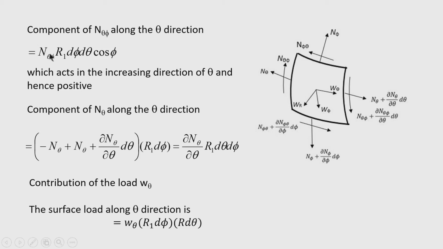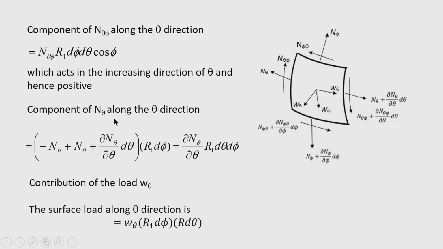In this way we get the component of n theta phi as n theta phi r 1 d phi d theta cos phi, and this is along the increasing direction of theta and hence taken as a positive quantity in the summation process to be done later on. So, this total component of n theta phi along the theta direction is given by n theta phi r 1 d phi d theta cos phi. Okay.